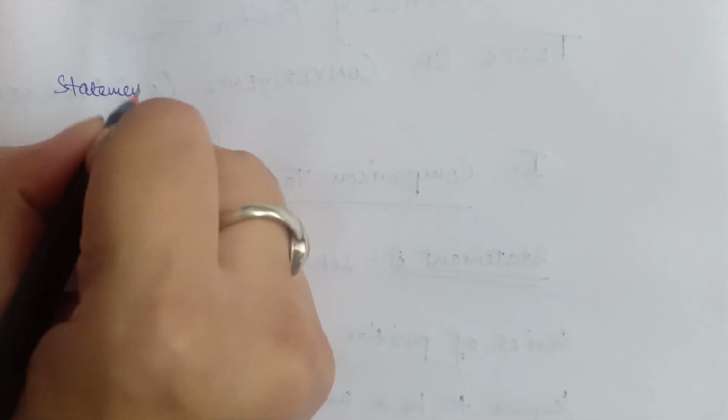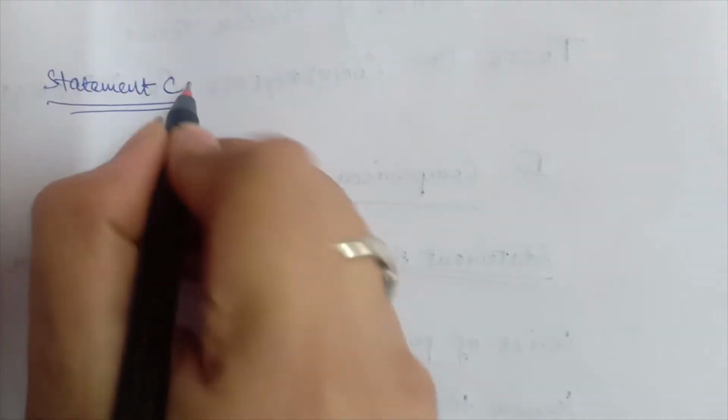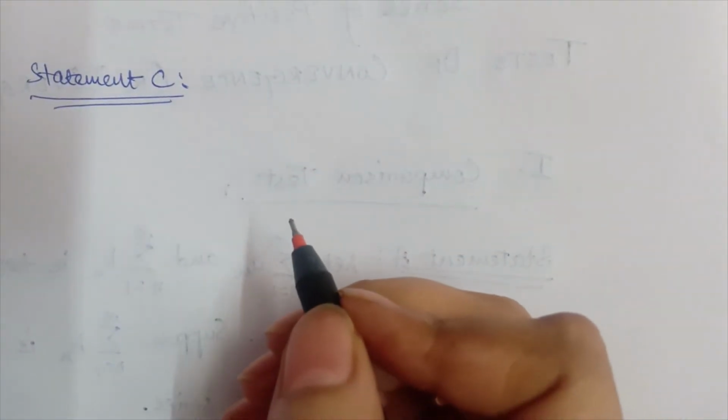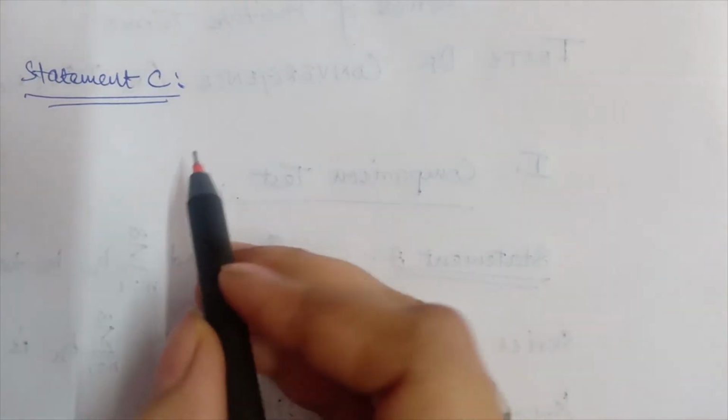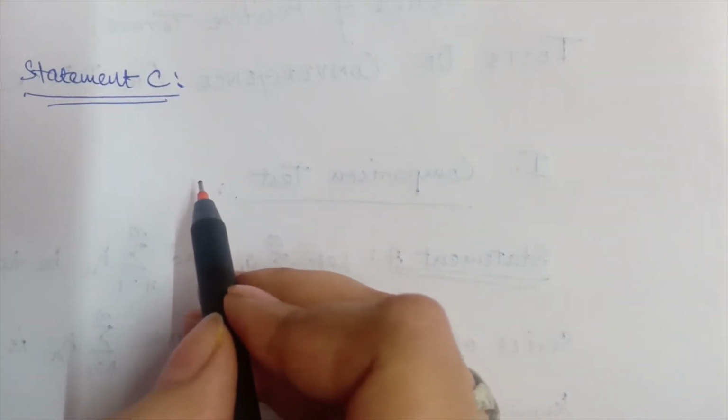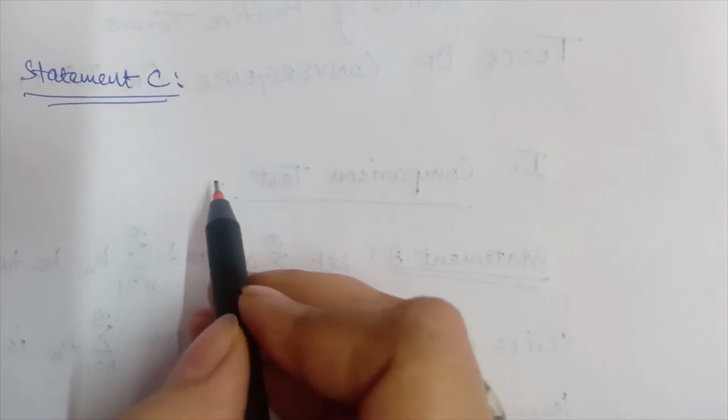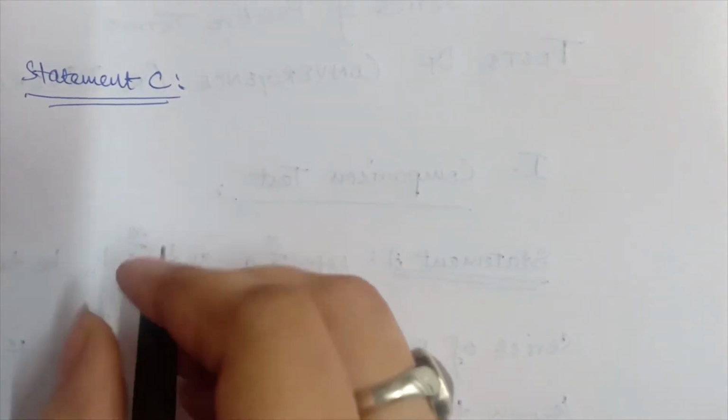The next statement is statement C, which is for convergence. Now this is a more general form of the previous two statements, which is A and B. Here we are going to introduce upper and lower limits.